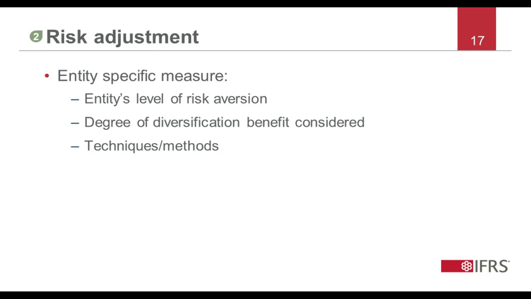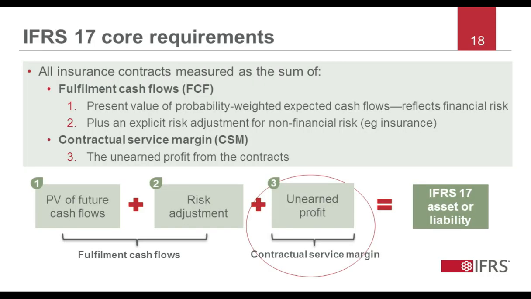IFRS 17 does not specify the technique or method that an entity must use to estimate the risk adjustment. The technique or method must, however, meet the objective for the risk adjustment. Disclosures are required on how the entity determines the risk adjustment and the confidence level of the risk adjustment, even if the entity used a different technique.